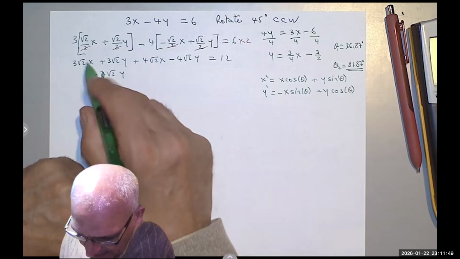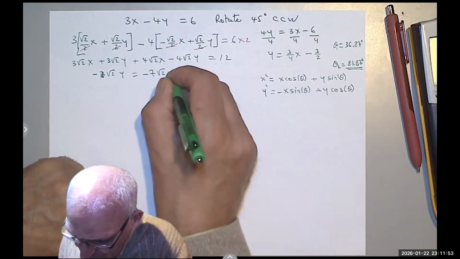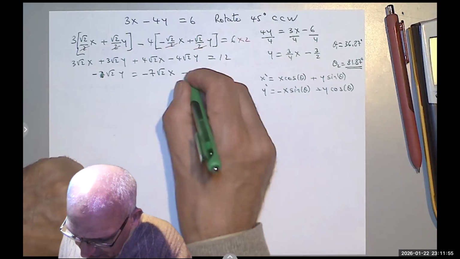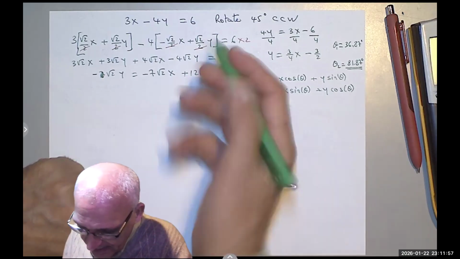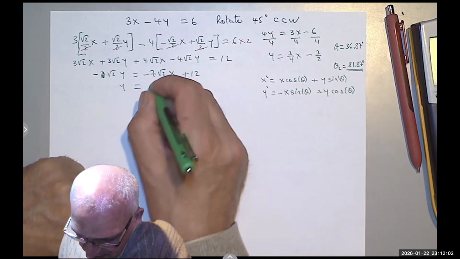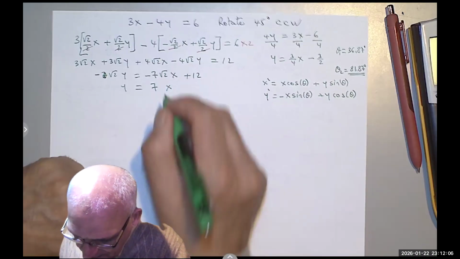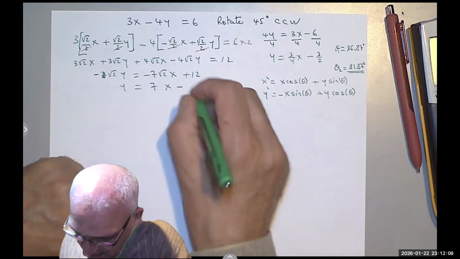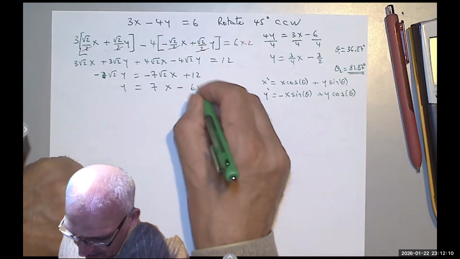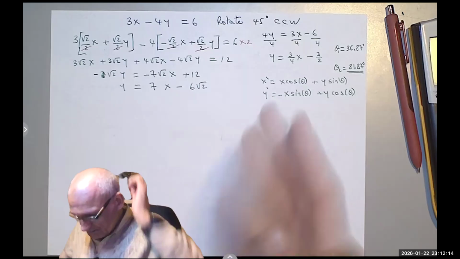If I move the x to the right-hand side, I have equals negative 7 root 2 x plus 12. I can divide by negative root 2, so this would be y equals 7x minus 12 over root 2, or minus 6 root 2, right?